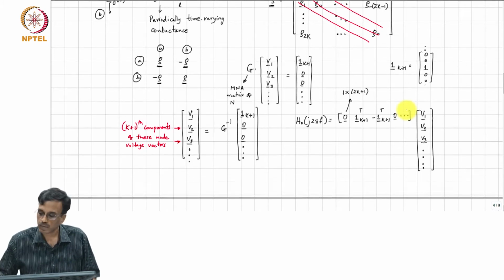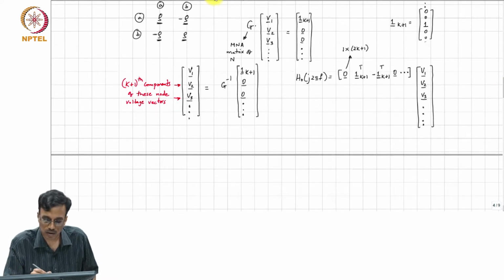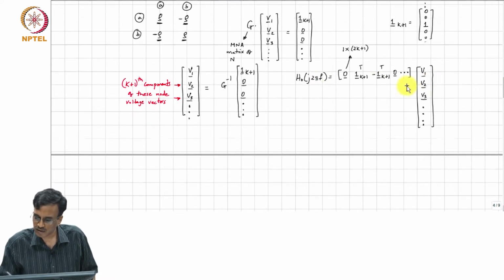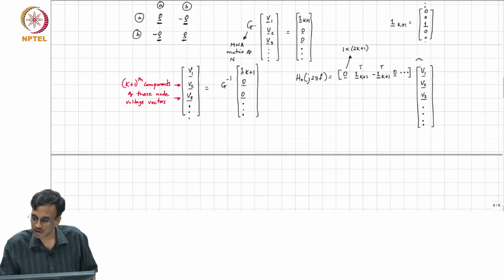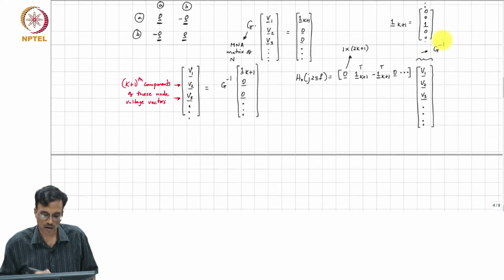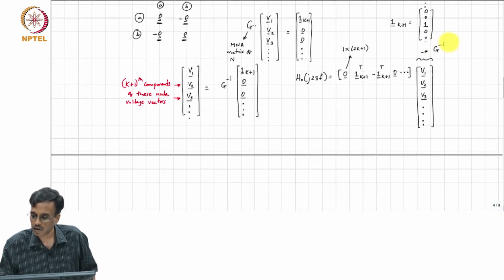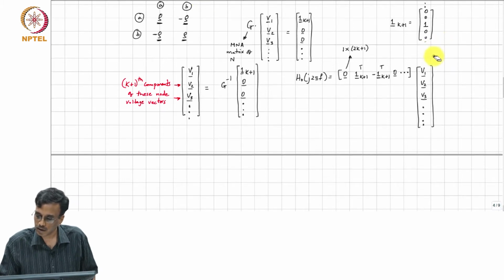Okay. Now, sorry. No, this is fine. This one we know is nothing but G inverse times the excitation vector. So, this is 1 blah blah blah, right. So, let us write that because it is important, we will write that separately.